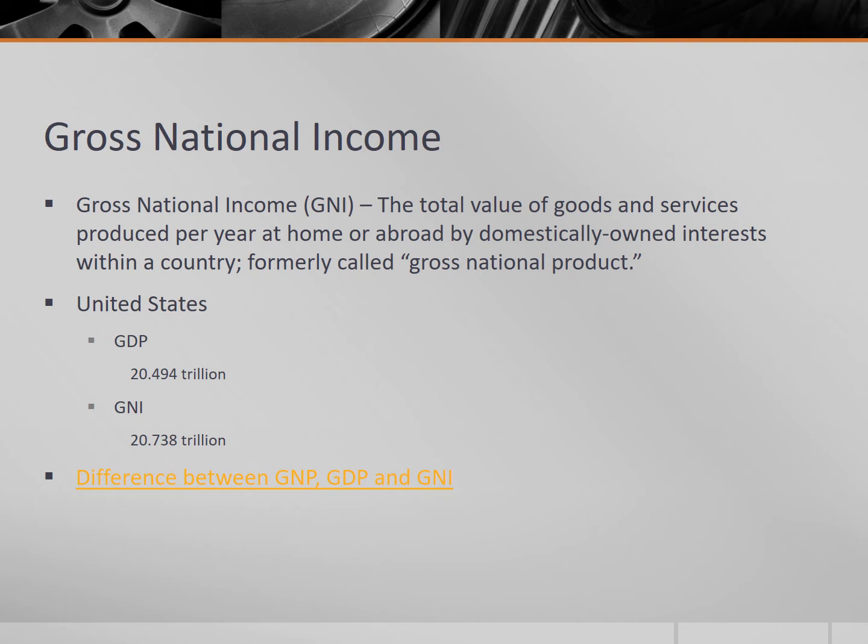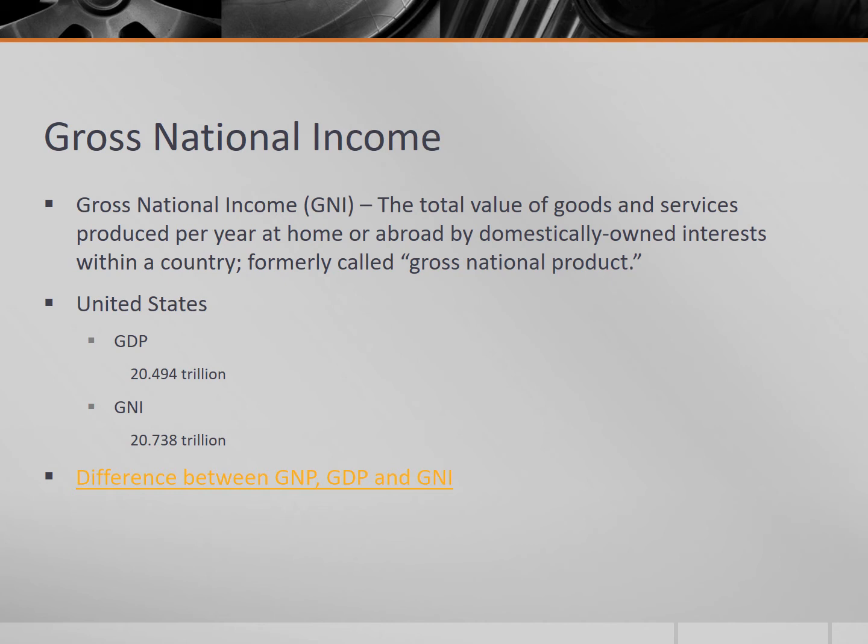All right. Now, the United States doesn't have a huge difference between GNI and GDP, as you can see here. 20 trillion in GDP, 20 trillion, just slightly more, about $300 billion more in terms of GNI. But there is a country that would serve as a good example that has a very big disparity between GDP and GNI, and that country is Ireland.